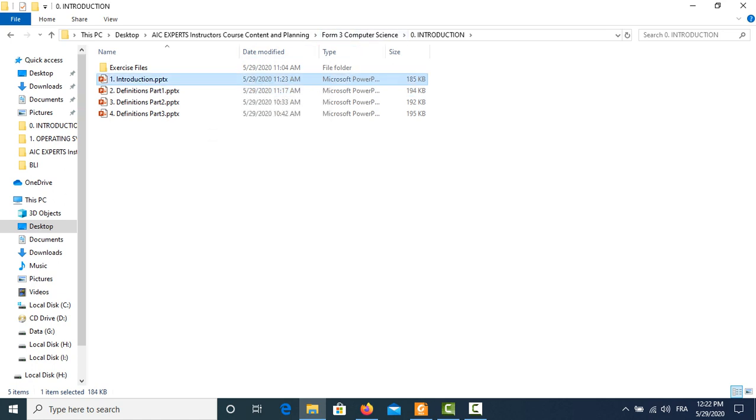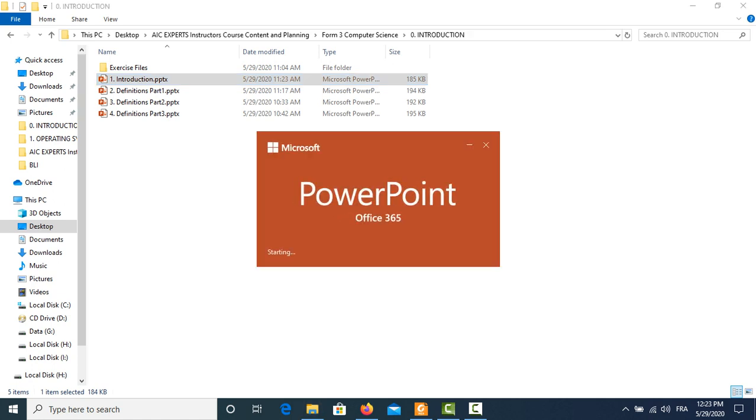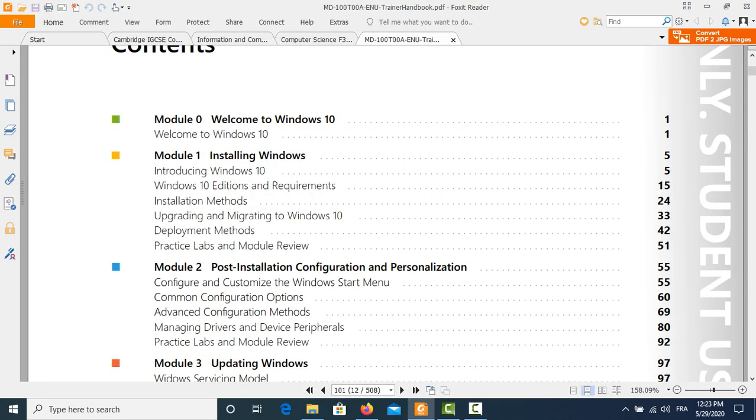Just for demonstration, if you look at what's going on right now in this slide, my introduction, I kind of discuss who I am, what the target audience is, objective of the lessons, and so on and so forth. Their own module 0 also does the same thing.